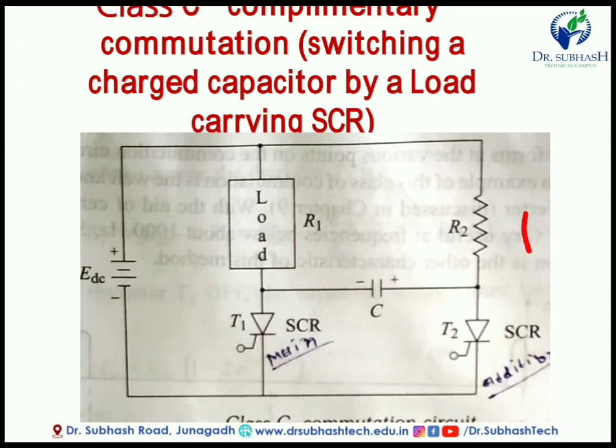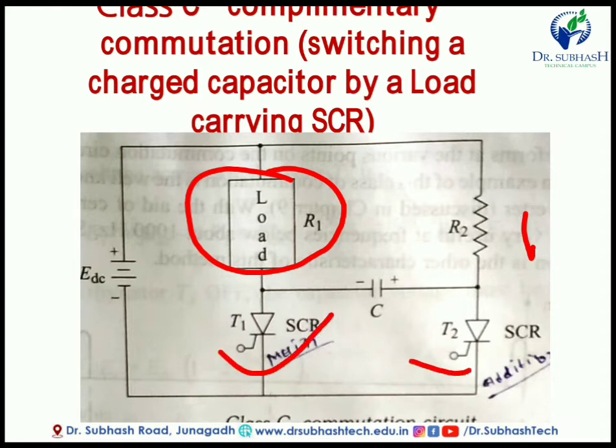Now class C commutation is complementary commutation, or switching a charged capacitor by a load-carrying SCR. Here you see the load R1, and here two SCRs are required. One is the main SCR and the other is an additional or complementary SCR.